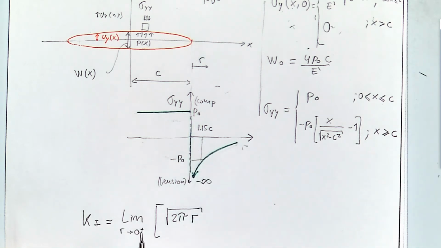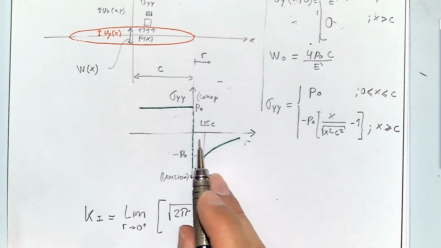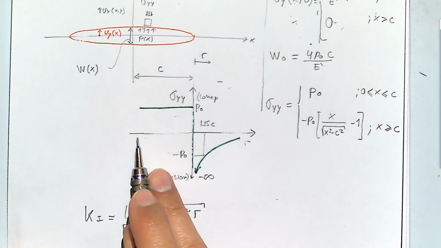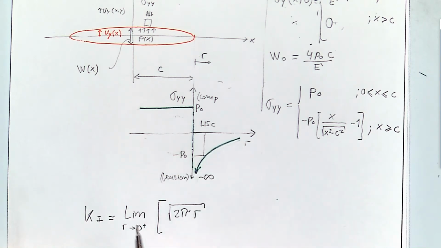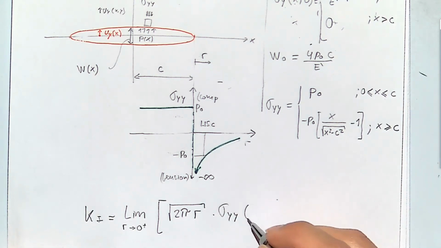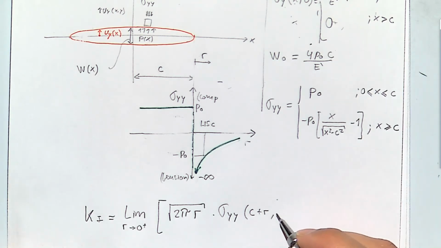And what this means is going to r to 0 from the right, because you could also come from the left, but this means from the right. So as you get in this direction, the limit of the product of a length times the product of stress at a position close to the tip.